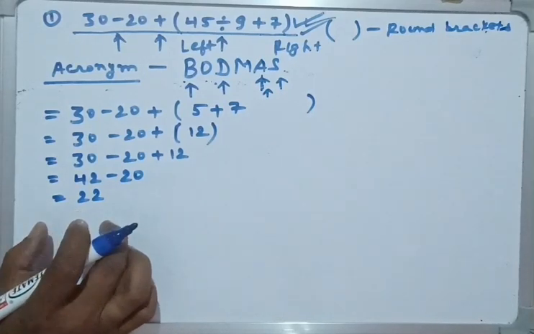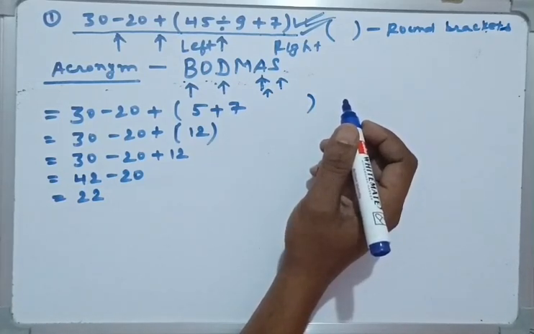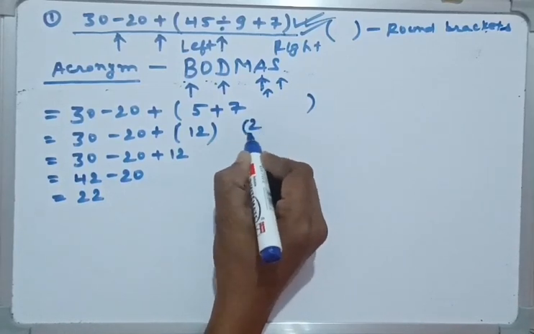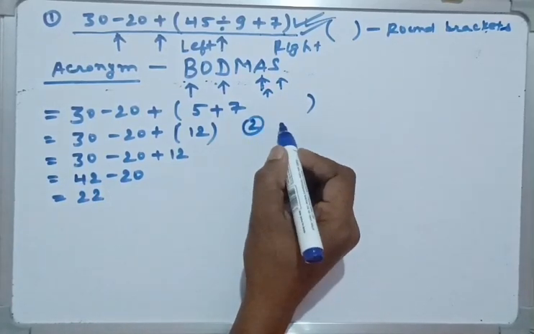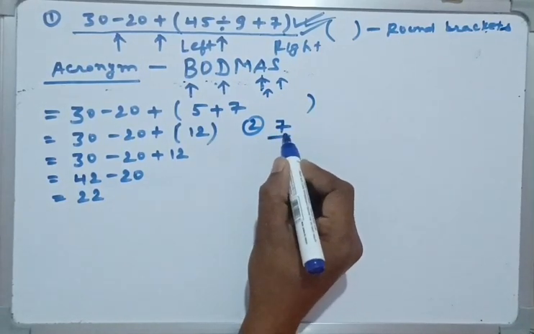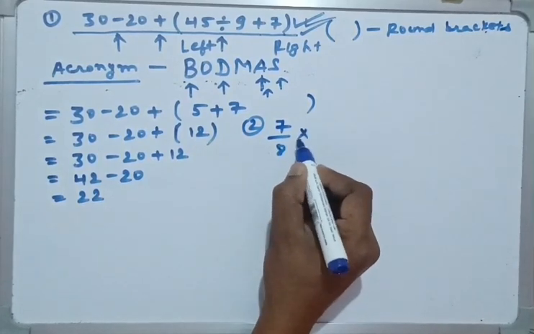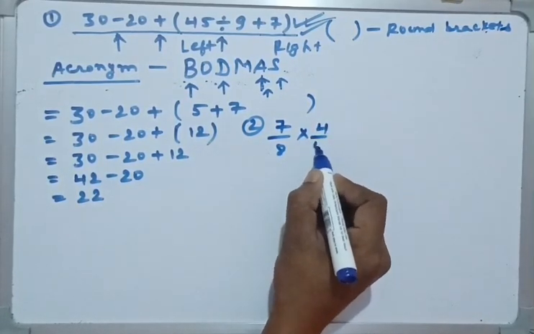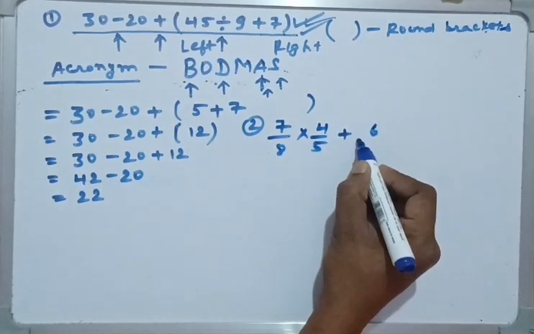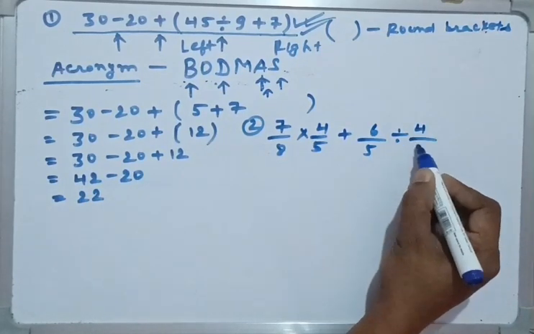Okay guys, now take another example, the second one. Suppose the question is this one: 7 divided by 8 multiplied by 4 by 5, then addition 6 by 5 divided by 4 by 3.